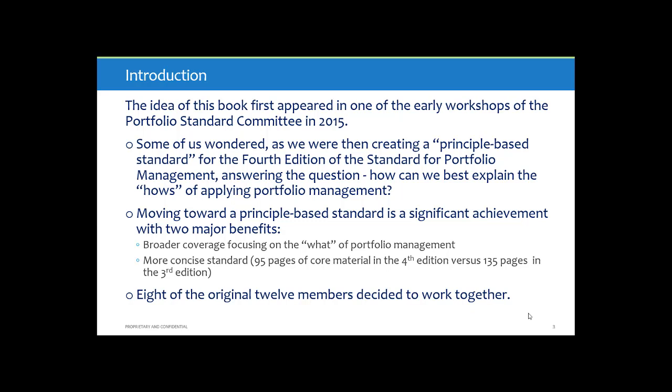Now, for those of you who've been working with PMI and using, for example, the PMBOK, you know how difficult it is to actually shrink a standard, as PMBOK has grown a little bulkier with each successive edition. So to the committee, this is really an incredible accomplishment.